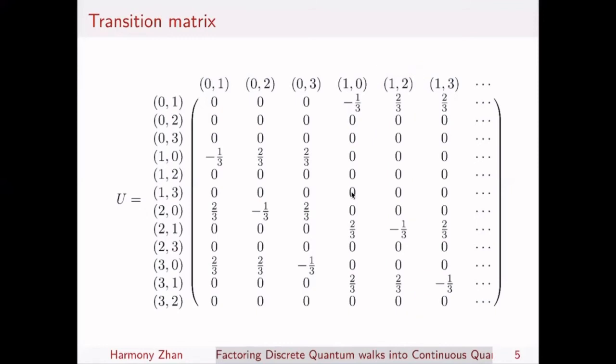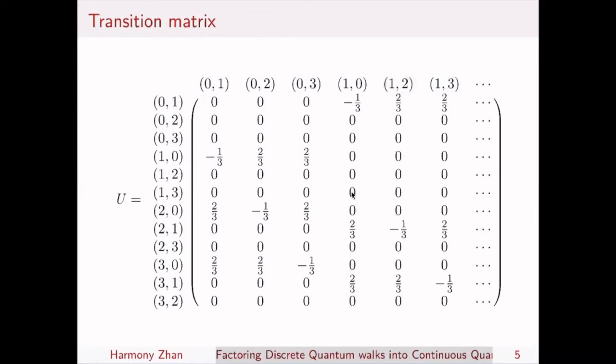Then I expect to see a -1/3 on the opposite arc of 1, 2, which is 2, 1. And I expect to see a +2/3 on all the other incoming arcs of 1, so 0, 1 and 3, 1. It has to be the incoming arcs of the tail of my original arc. In that way, you can figure out every column of the transition matrix.